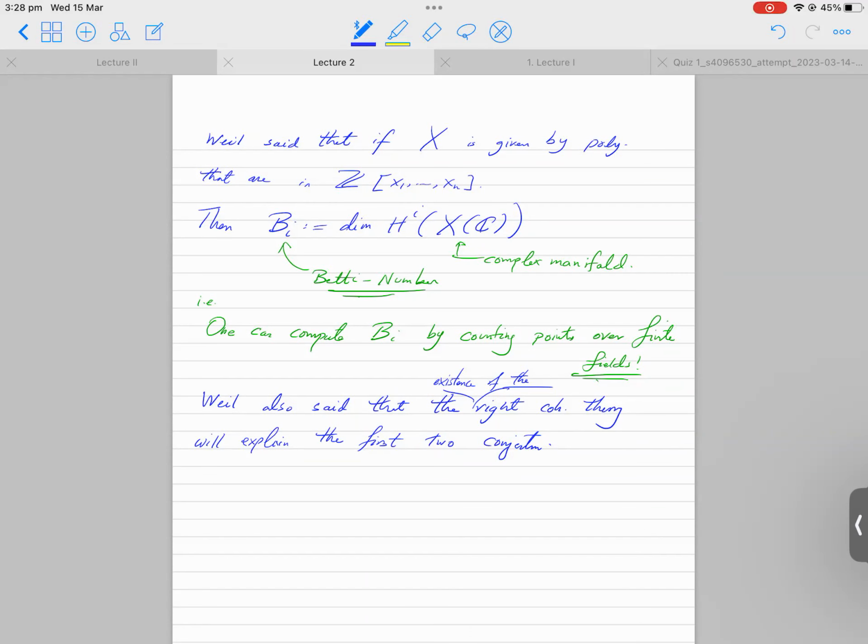So the first observation of Weil is that b_i is the dimension of the cohomology for the C points. And then over a finite field, there's no manifold anymore, but you can still compute, right? There is no manifold, so what does cohomology even mean? That was the big open question.